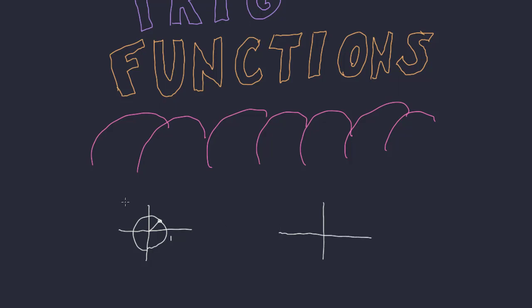So we'll just say our normal trig functions come from the unit circle. On the other hand, the hyperbolic trig functions come from the unit hyperbola.